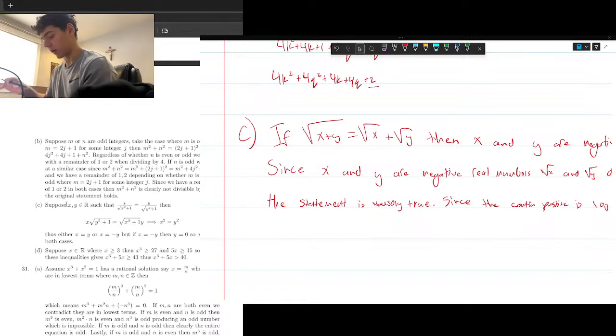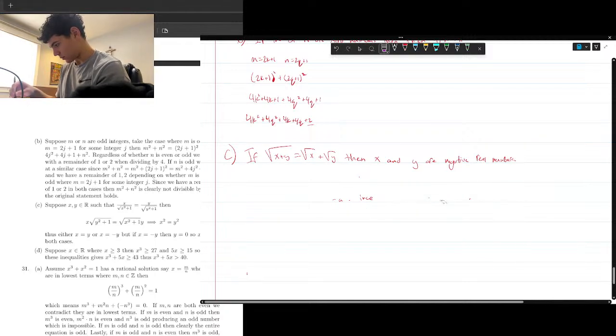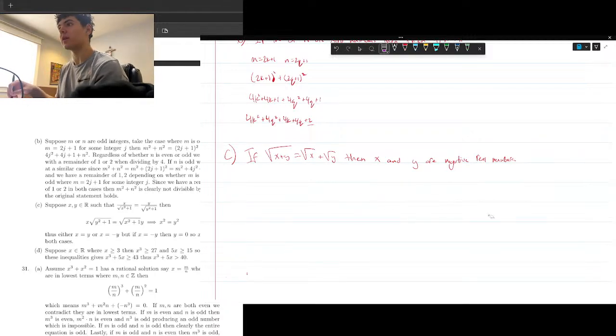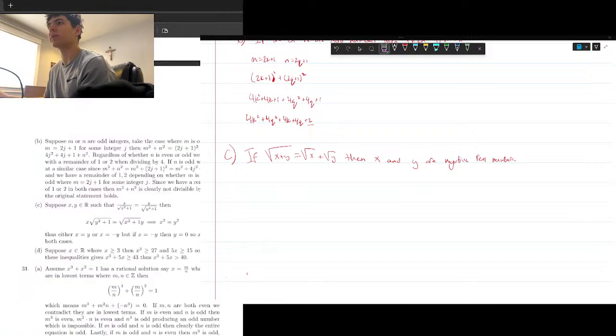Suppose x, y. I guess my way was wrong. So let's read how they did this. Suppose x, y such that x is equal to y. What was the original question asking? Okay, why is it solving D?